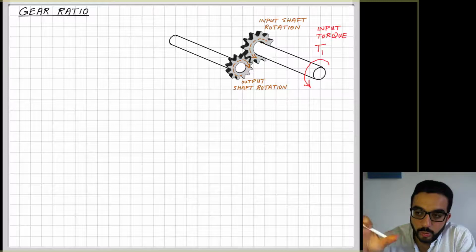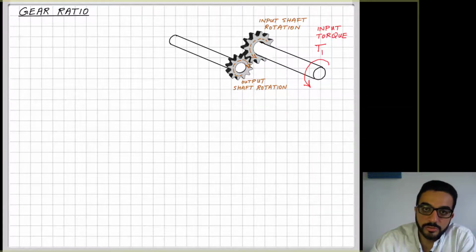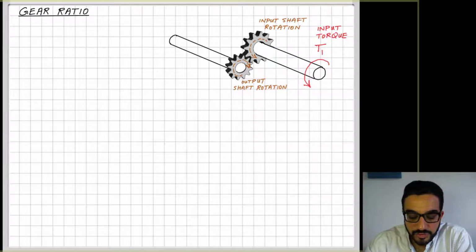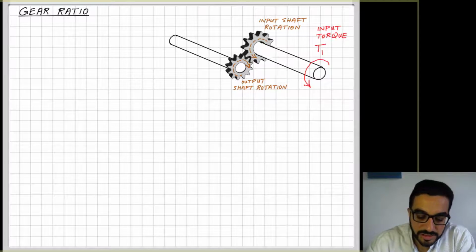So I have the input torque: the right shaft and gear want to rotate counterclockwise, the other shaft and gear connected to it want to rotate clockwise, and what prevents that clockwise rotation of the output shaft is a reaction torque in the opposite direction.